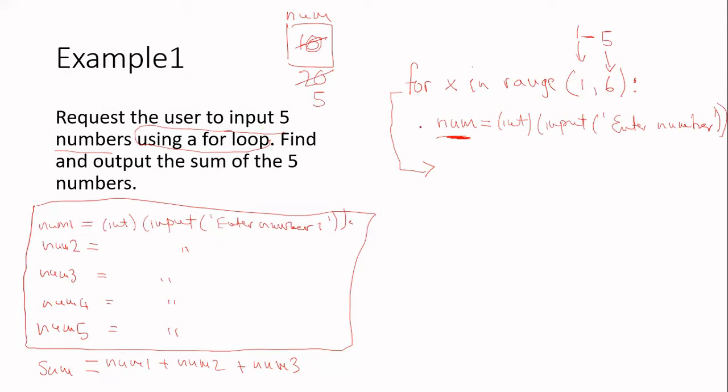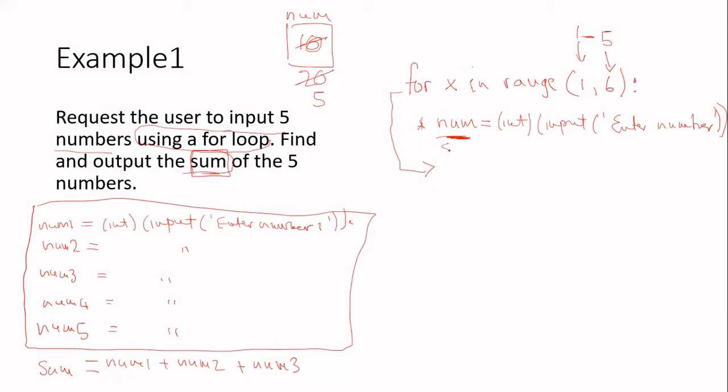So by putting this statement and getting 5 numbers, that helps me to solve the first part of the question where I need to input 5 numbers, but I'm losing the numbers each time. So how do I find the sum of the 5 numbers? Because that's what the question wants, find the sum.